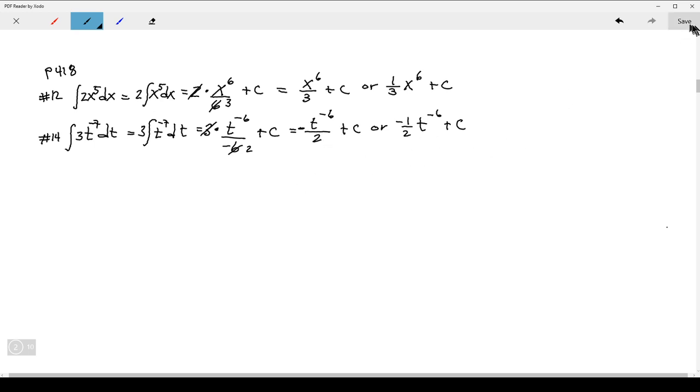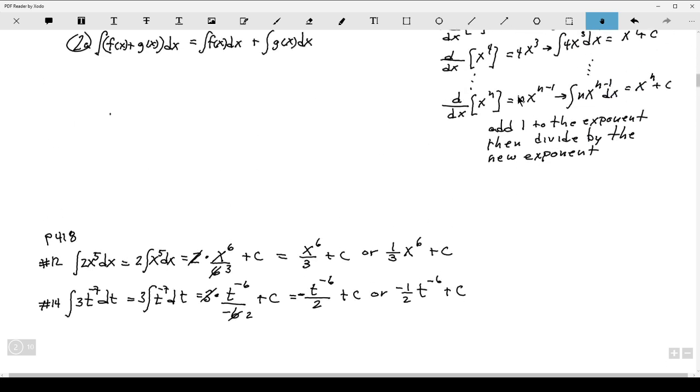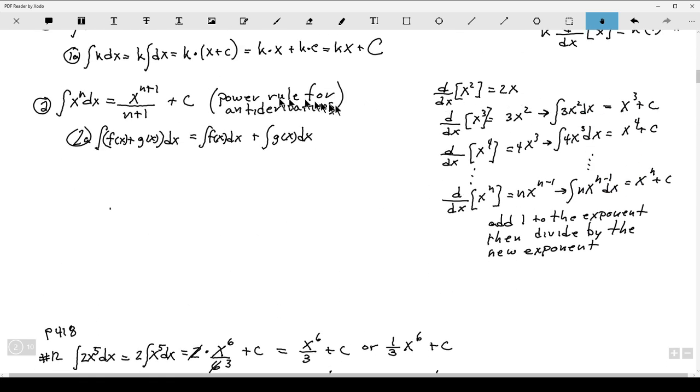I want to back up here for a minute because I want to point something out. Take a look at this formula. We have a potential difficulty here, don't we? Because I'm dividing by n plus 1. If n plus 1 is 0, then I have a problem because I can't divide by 0.